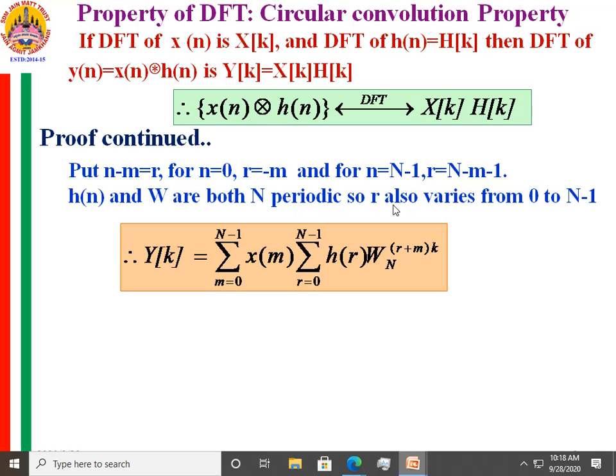So instead of varying r from minus m to N minus m minus 1, what we will do is we will vary this from 0 to N minus 1.